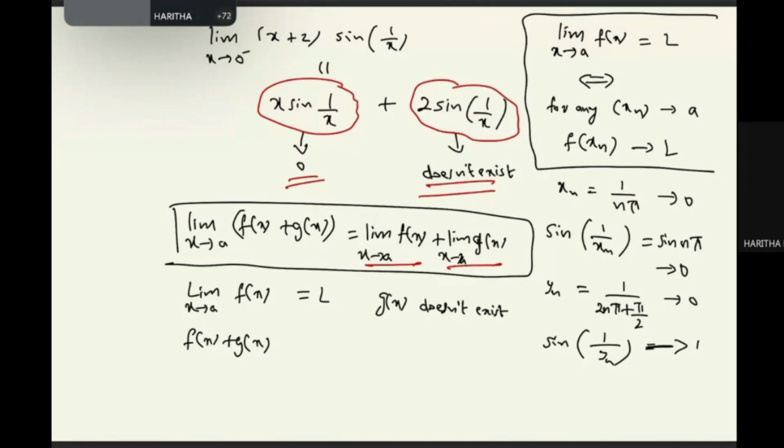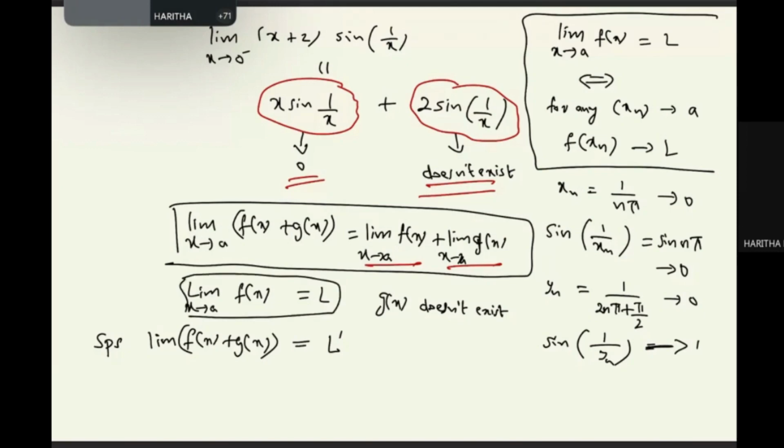So we can prove by contradiction. Suppose the limit exists. I'm not writing x tends to a, I think it's understandable from the statement. So suppose this limit exists, say some L prime. Then you know that the limit of f of x plus g of x minus f of x also exists.